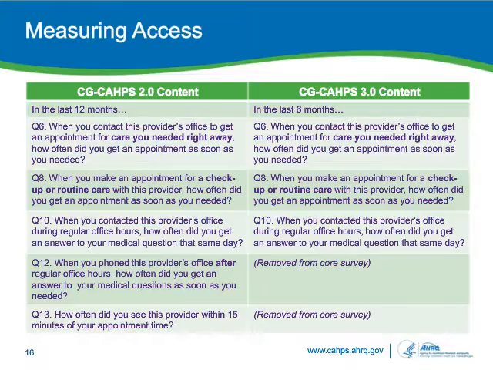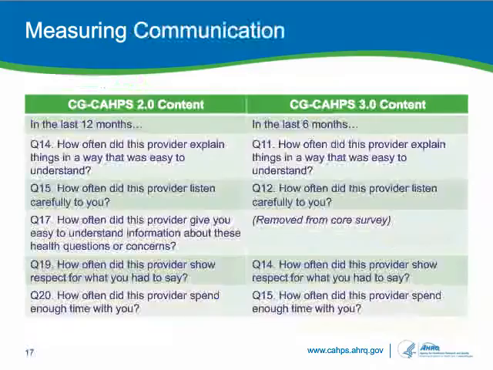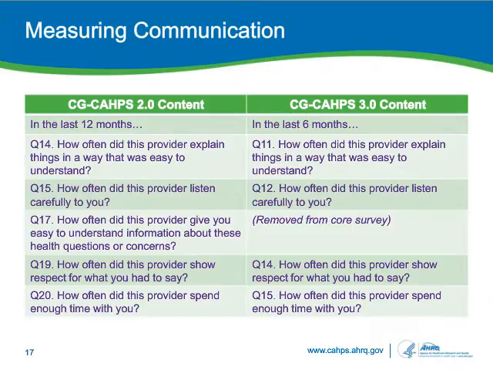Now let's move on and look at how we measure communication. Again, on the left-hand side of the chart, you've got the 2.0 content on communication. On the right-hand side of the slide, you've got the 3.0 content on communication. So again, we've retained the item on easy-to-understand explanation. How often provider listened carefully to you remains.